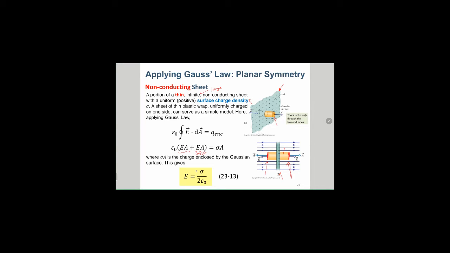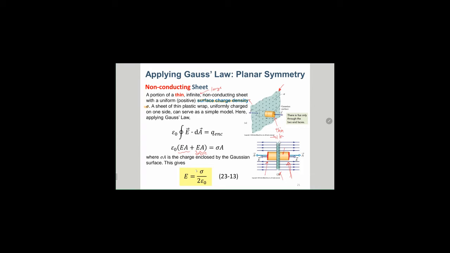Here we also assume the surface charge density is sigma. When we consider Q enclosed, it should be sigma times A. Here we assume that this is thin, which means the thickness should be regarded as zero.